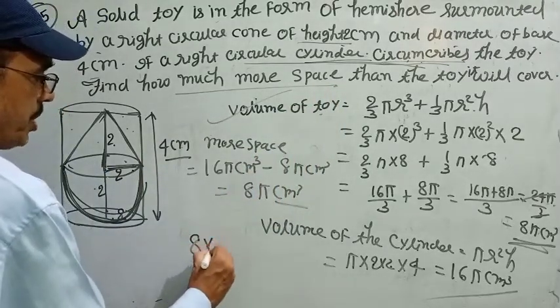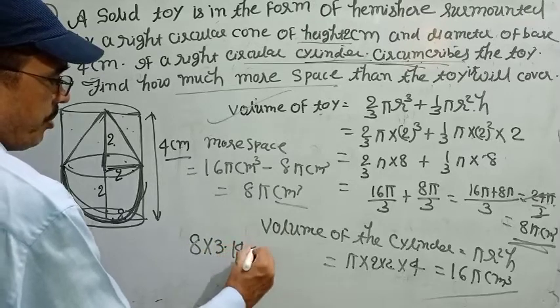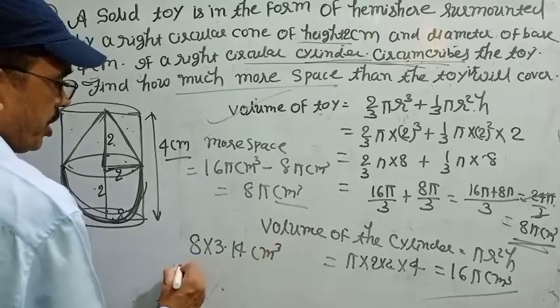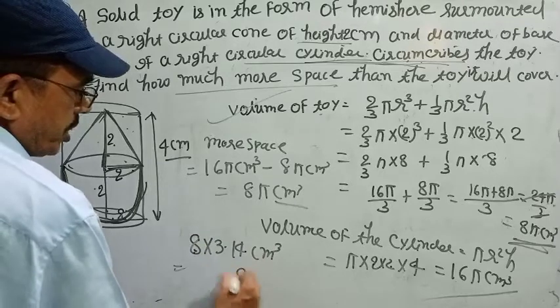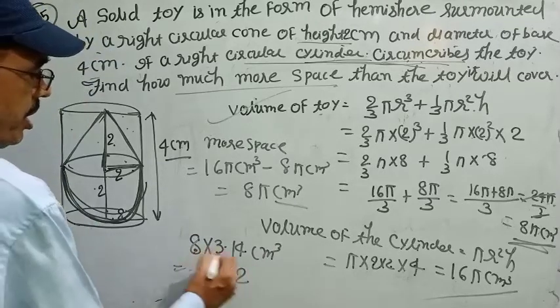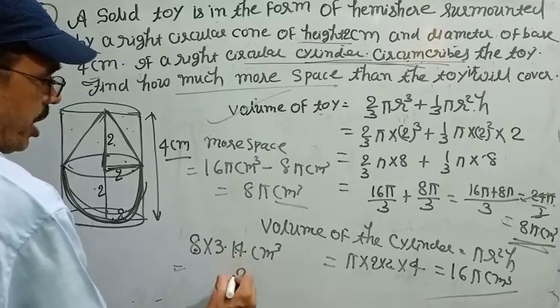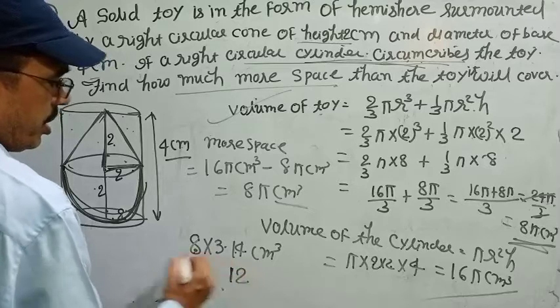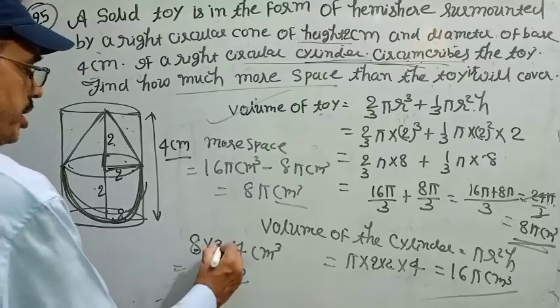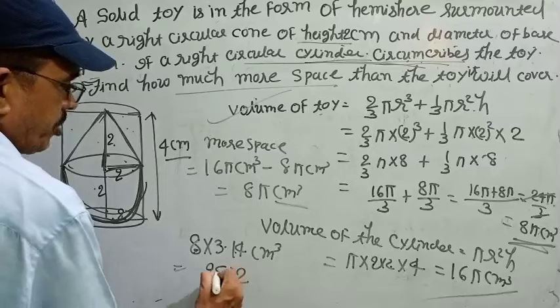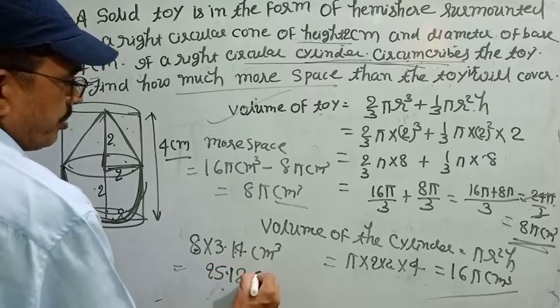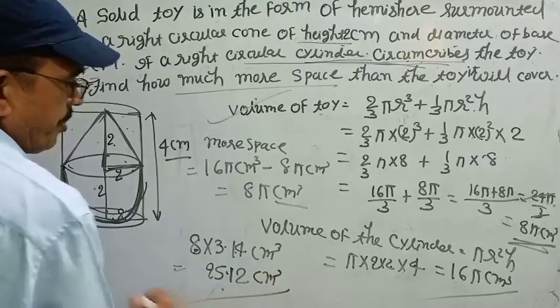So 8 pi means 8 into 3.14 centimeter cube. Then multiply it. 8 times 4 is 32, carry 3. 8 times 1 is 8, and 3 is 11. That is 1, carry 1. 8 times 3 is 24, that is 25. So the answer is 25.12 centimeter cube.